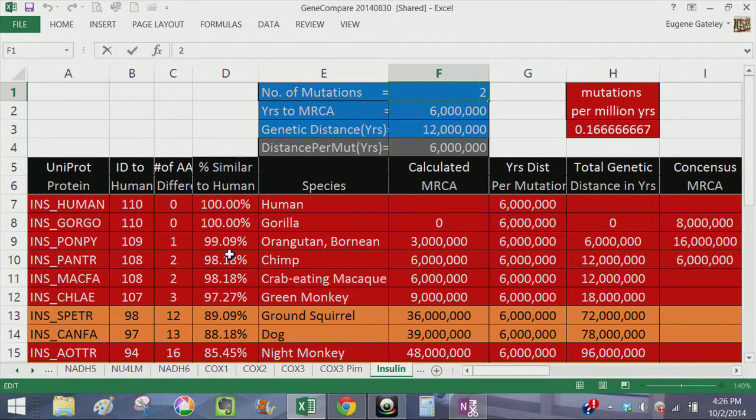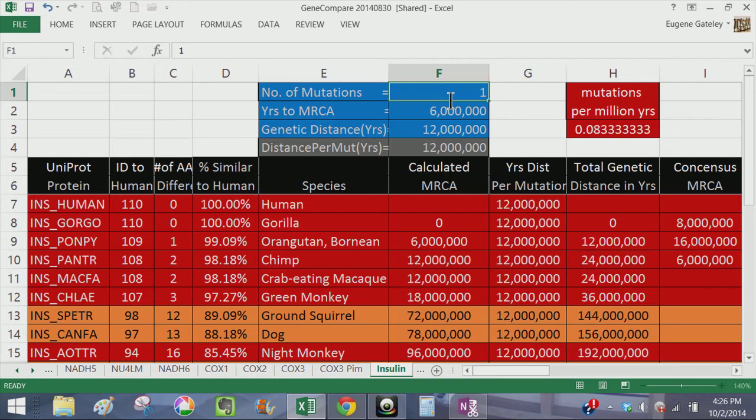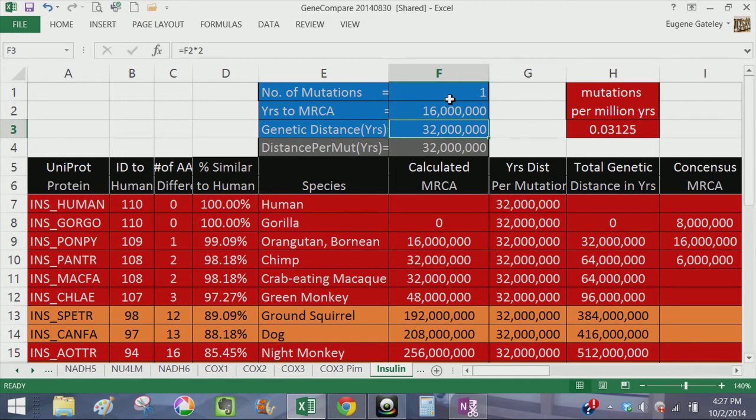So let's say, if we were to say the most recent common ancestor between human and orangutan is 16 million years, and there was 1 mutation in 16 million years, that would be 0.03 mutations per million years.